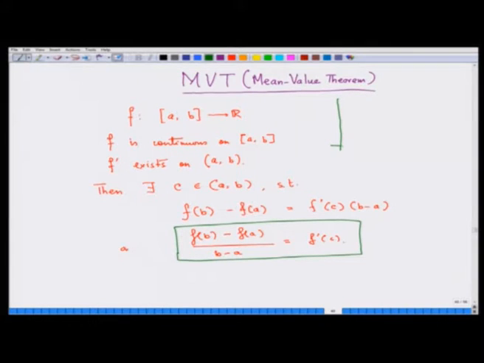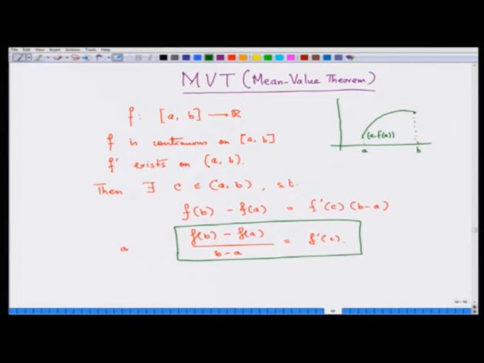So I draw, suppose a function is like this between a and b, a continuous function, nice looking, and it is differentiable at every point. Derivative simply means that you can draw a tangent line at each point, one unique tangent at each point, one tangent only. So what is my f(b) minus f(a) by b minus a? If you look at the point a, the coordinates of this point are a and f(a).